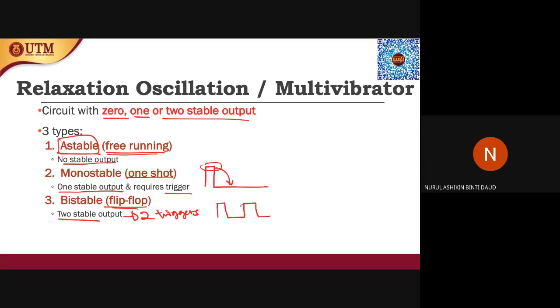To change from this state to another state, there is a specific trigger for each state. But in this multivibrator oscillator, we will focus only on astable, which is the free running oscillator.